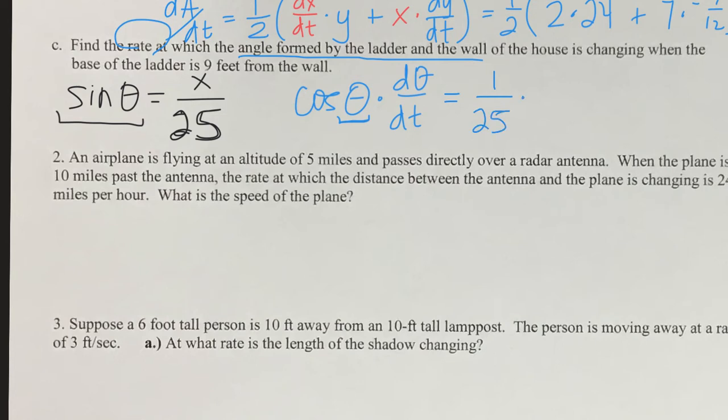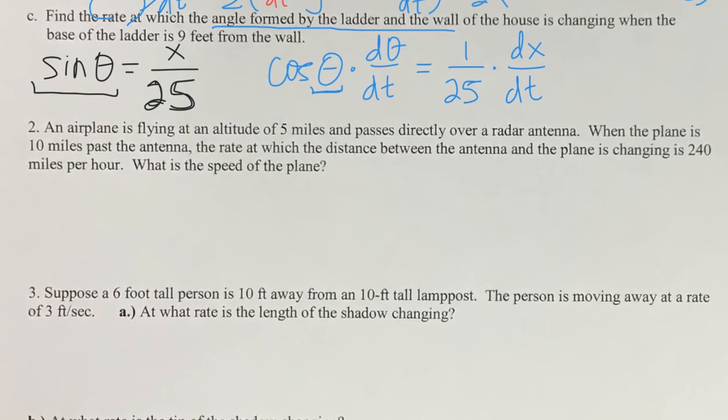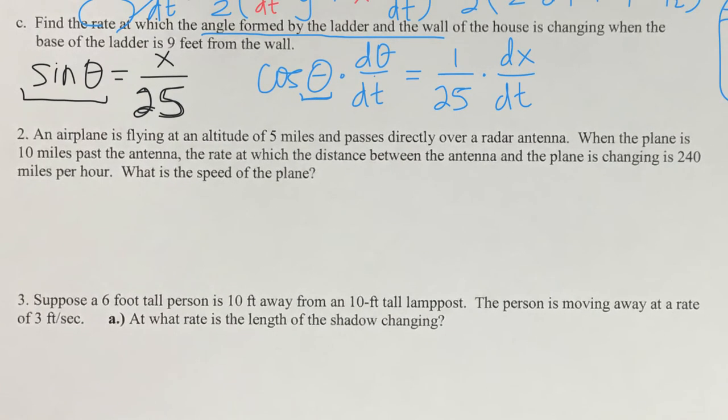So that's 1 over 25 times dx dt. And notice there's not an x in my equation anymore. So I don't really need to know when x is 9. That's not that important to my formula. Maybe it's important to something else, so let's see. We want d theta dt, so we can get rid of our cosine by dividing both sides by cosine. Right, so what if I multiply this by 1 over cosine? That's the same thing as dividing.